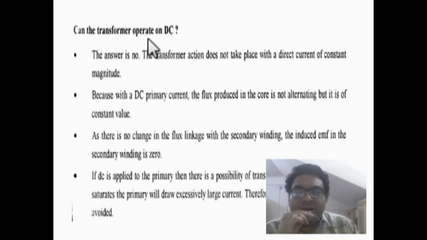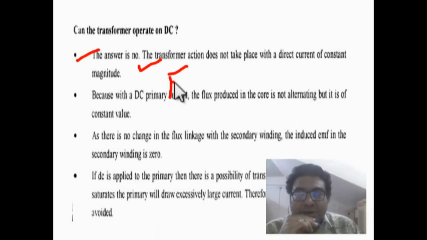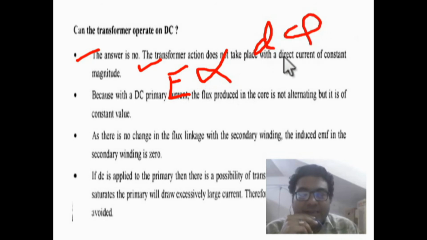So see here, what is the answer? Can the transformer operate on DC? The answer is no. The transformer action does not take place with a direct current of constant magnitude, because what is the induction principle? According to Faraday's law of electromagnetic induction, the induced EMF across a coil or winding is directly proportional to the rate of change of flux, d phi by dt.